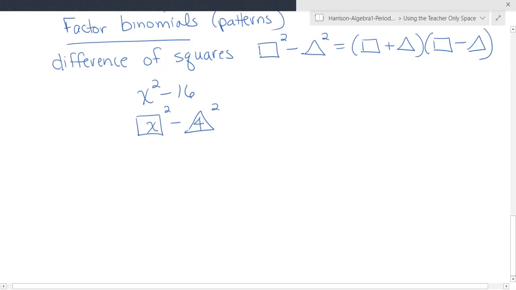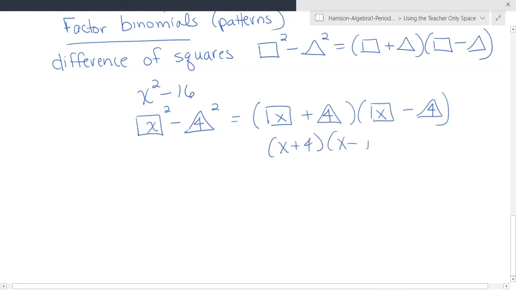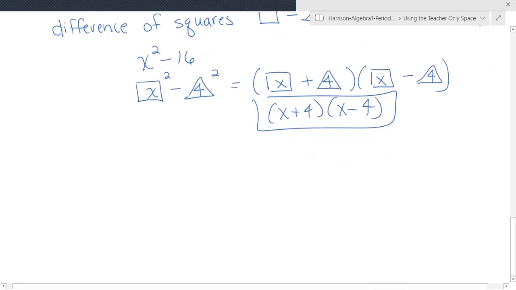Now the reason we do this is so that we know how to fill it into this pattern. So when we factor it now, it's sum of the bases times the difference of the bases. So it's what is inside that box is what we put into our answer. So in other words, it's x plus 4 times x minus 4. So that's going to be our answer. So basically, it's adding the square roots and then subtracting the square roots.